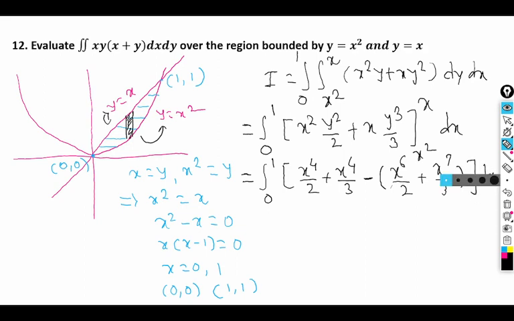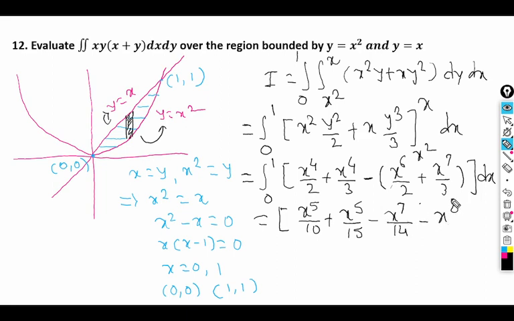So this first we got for the upper limit, these two terms, and these two terms for the lower limit. Now the integration with x. So the integral of x to the 4 is x to the 5 by 10. This is again x to the 5 by 15, minus x to the 7 by 14 minus x to the 8 by 24, and the limits 0 to 1.